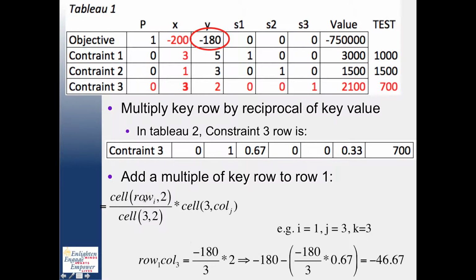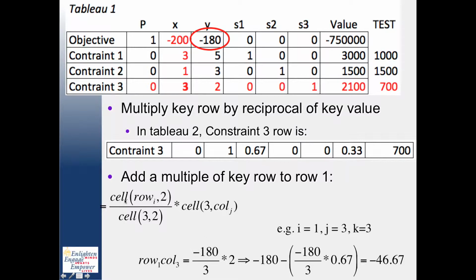So it is the first row, and the key column is 2, divided by the key value, that's the multiplier, times the cell. Well, I've got the row, the key row is 3, and then the column is the third column. Column J is the third column.